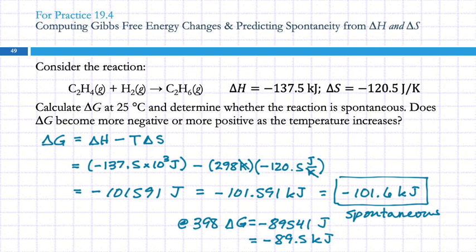It's getting more positive. So as the temperature increases, this is becoming less spontaneous. At some point, it will become non-spontaneous. Any questions?